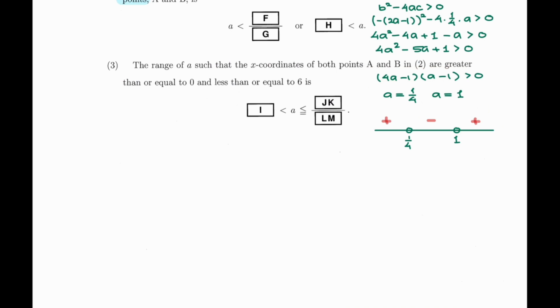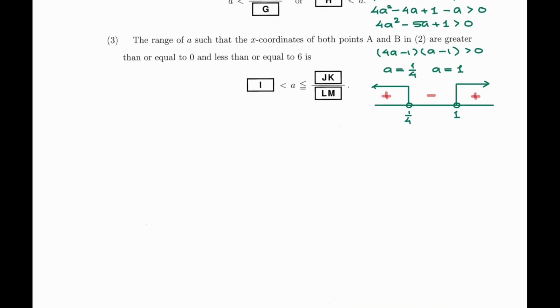The region that I want to take for my answer is the region which is greater than 0. Of course, the region which is greater than 0 is the positive one. So my final answer is a less than 1 over 4 or a greater than 1.